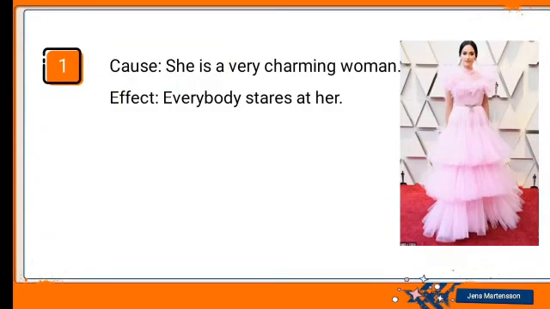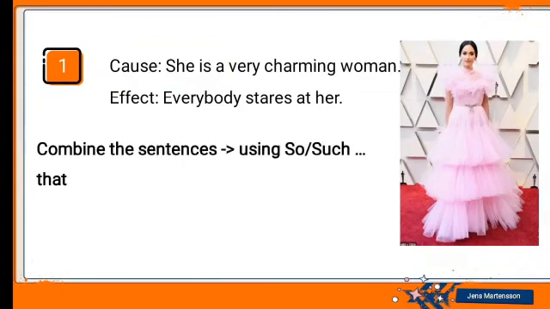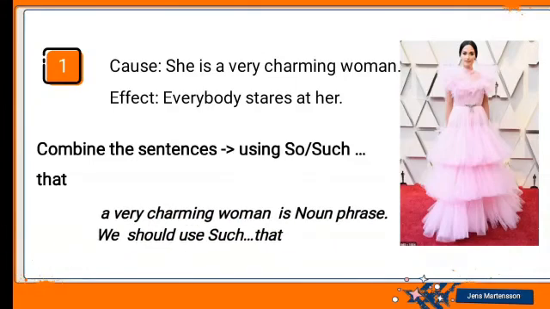This sentence is effect. We combine the sentences using such. A very charming woman is a noun phrase. We should use such. She is such a charming woman that everybody stares at her.